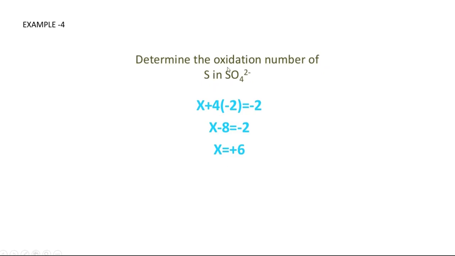Determine the oxidation number of sulfur in sulfate ion. SO4 2 minus. So X plus how many oxygen atoms here also? 4 multiply by oxidation state of oxygen is -2 equals, it is charge of the ion here because it is not a compound, it is an ion, -2. So X minus 8 equals -2, X is equal to +6, that is oxidation state of sulfur in sulfate ion is +6.